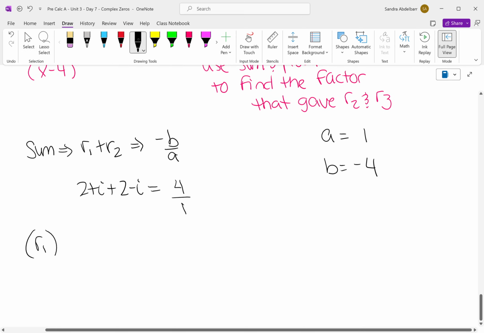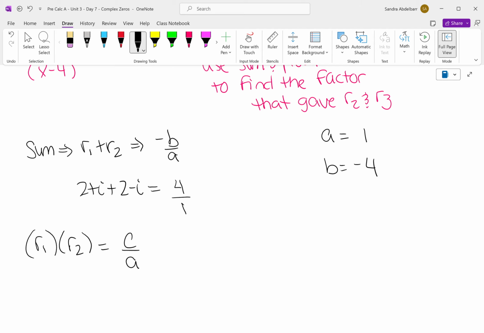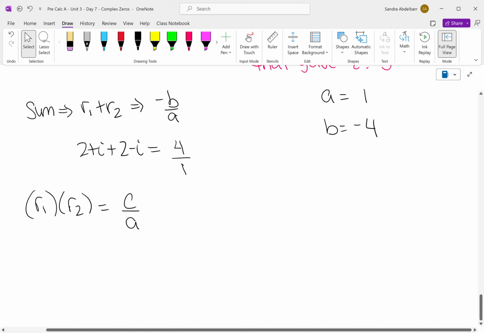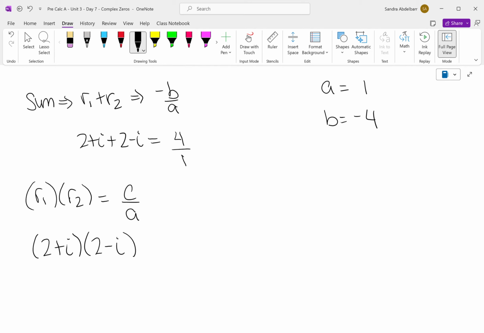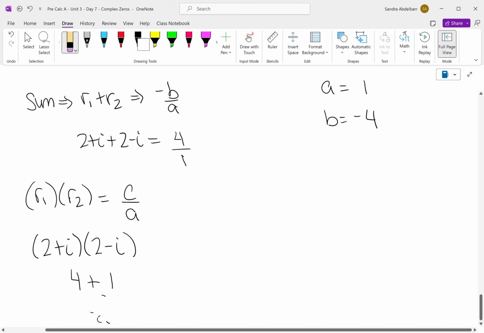We still have to find c. So now we're going to do root 2 times root 3, which will give us c over a. So now we have 2 plus i times 2 minus i, which is going to end up being 4 plus 1, which is 5.